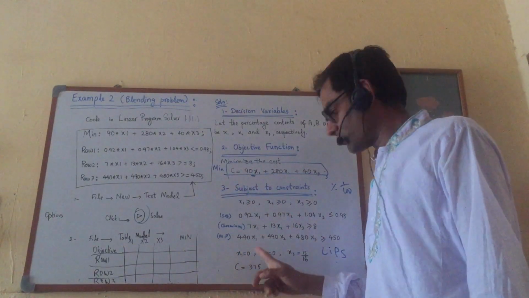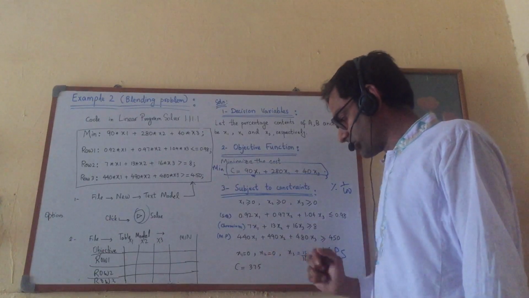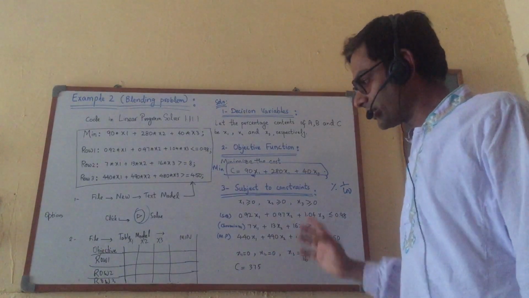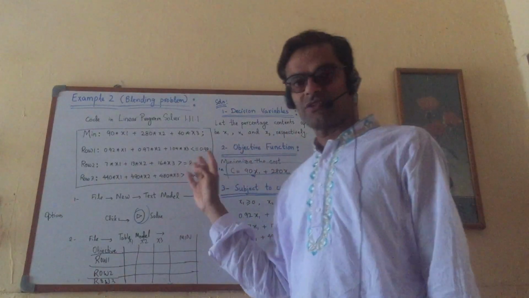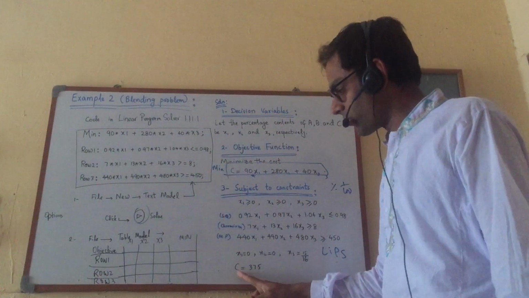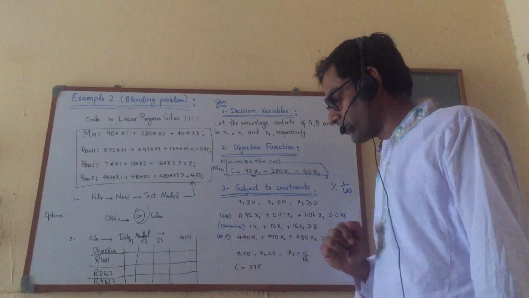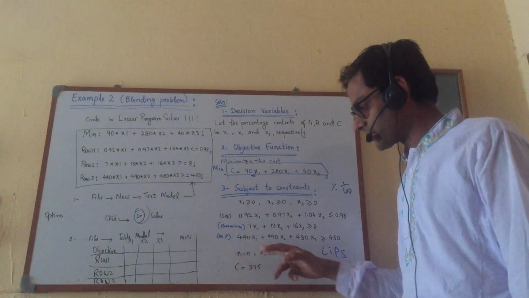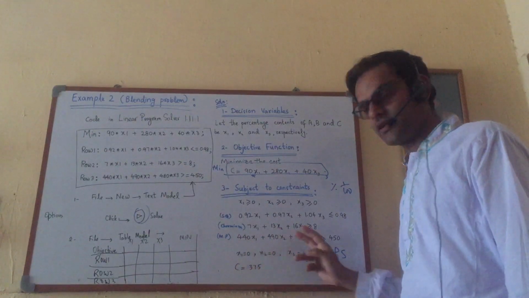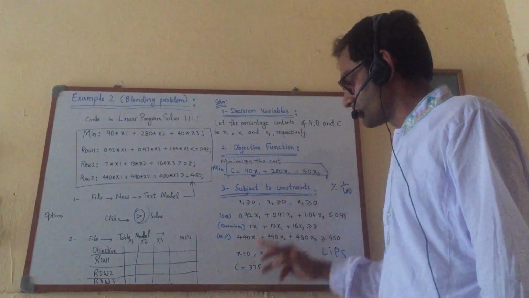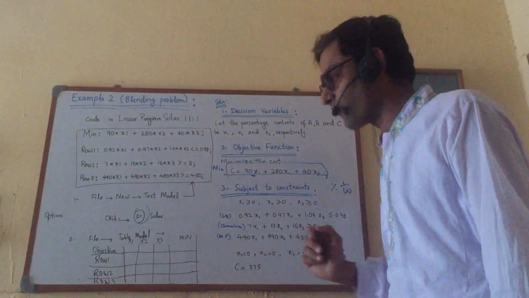X1 is equal to 0, x2 is equal to 0, x3 is equal to 15 over 16. We have found this with this software. So our cost is 37.5. You can apply the values of x1, x2, and x3 in this equation and you see C is equal to 37.5.